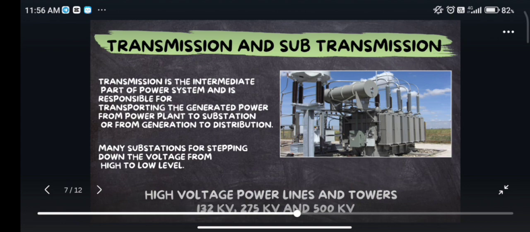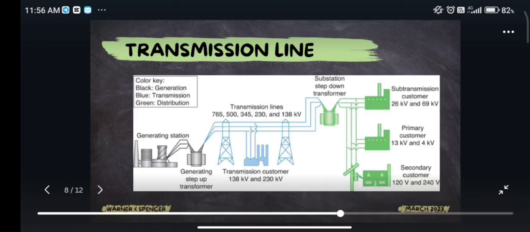The high voltage power lines and towers carry 132 kilovolt, 275 kilovolt and 500 kilovolt. This is used to transfer the power supply and reduce the power loss. This is an example of the transmission line.